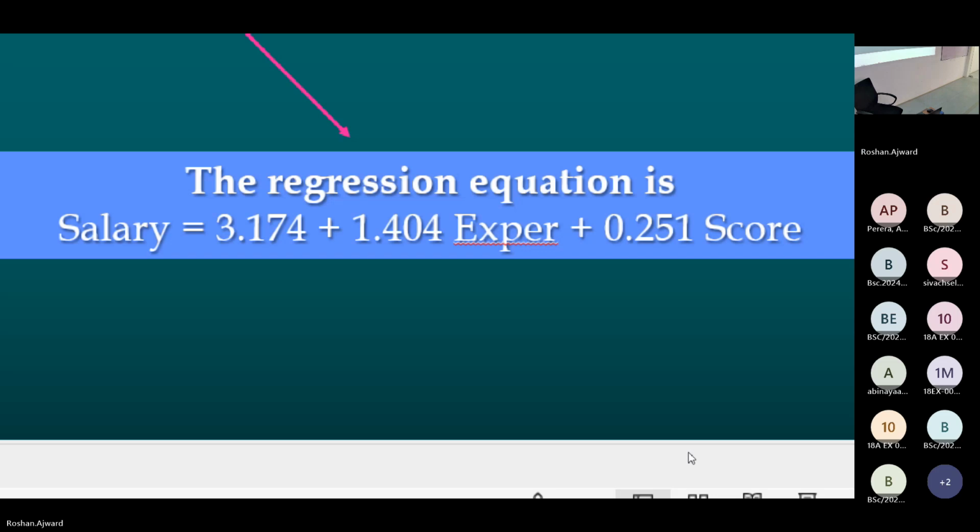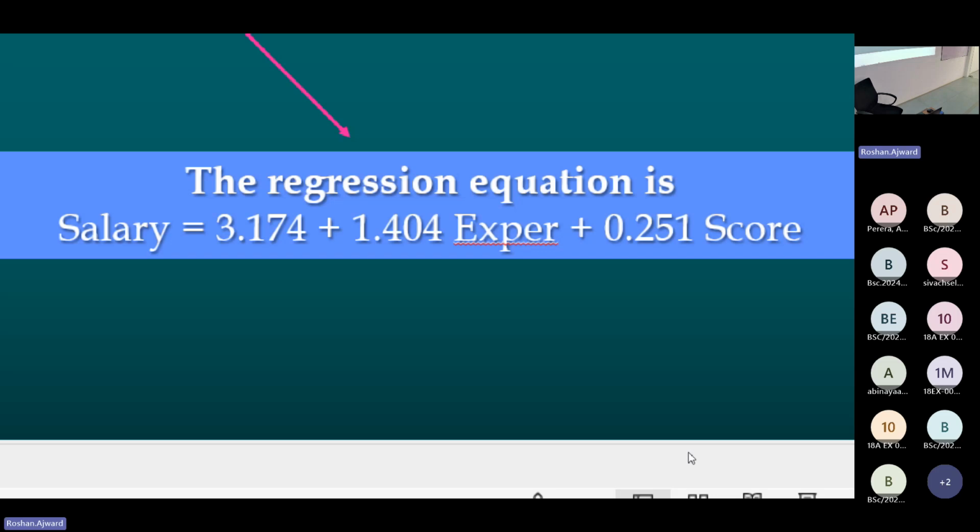When the experience of a computer programmer goes up by 1 year, the salary goes up by $1,404. That's how we interpret 1.404.